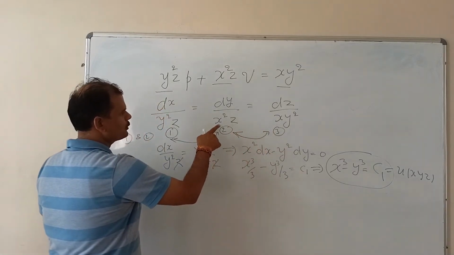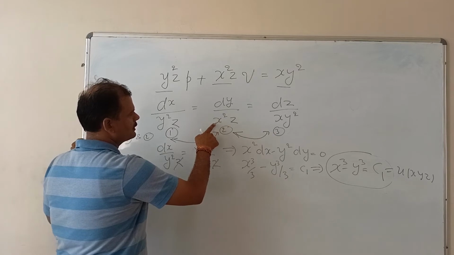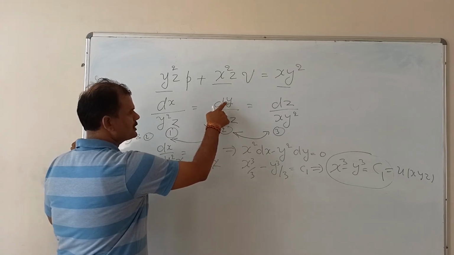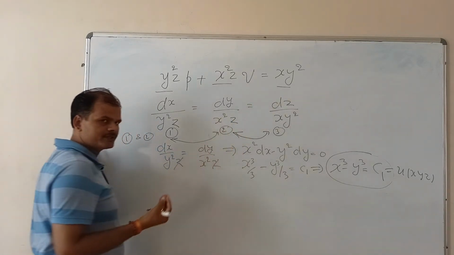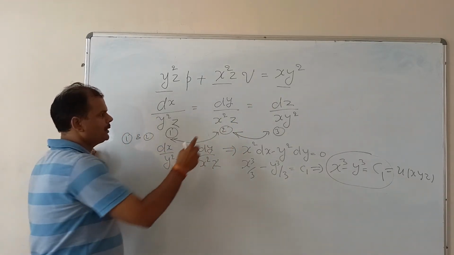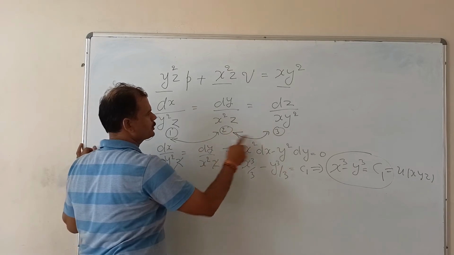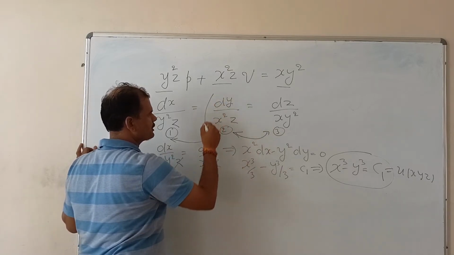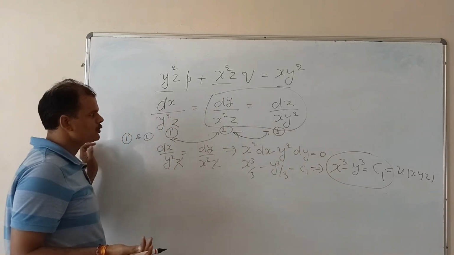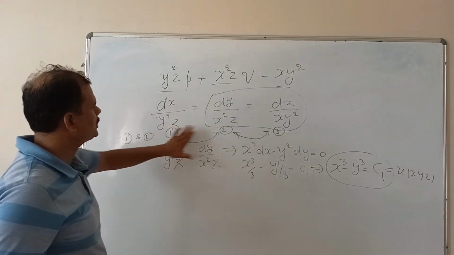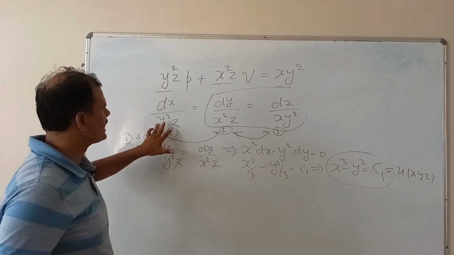For dy we need a function of y, for dz we need a function of z, then only we can integrate, right? But here x is coming in the picture, but we don't have dx. So how to manage this? We can manage, right? We can take 1 and 3.